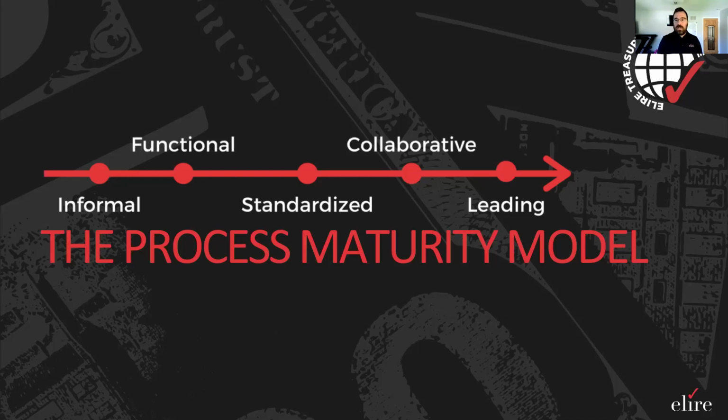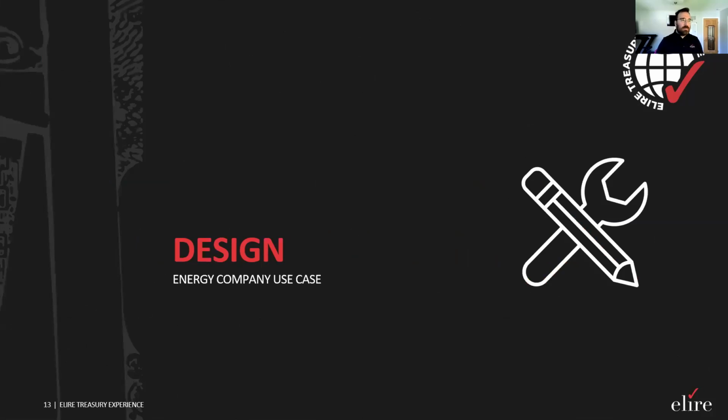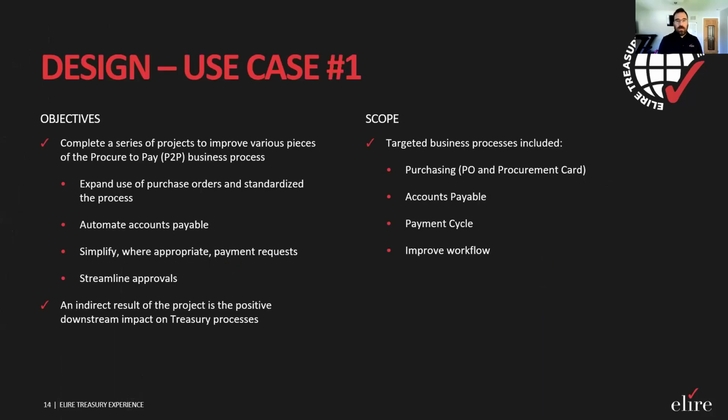And so what I've done here is I'd like to review a few use cases that I hope can help create an understanding of each enabler. So design, energy company use case. Here's a quick overview of the use case in the project.